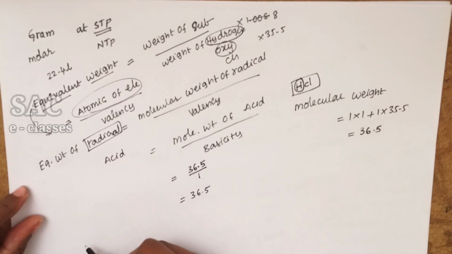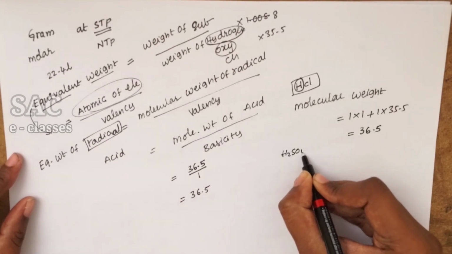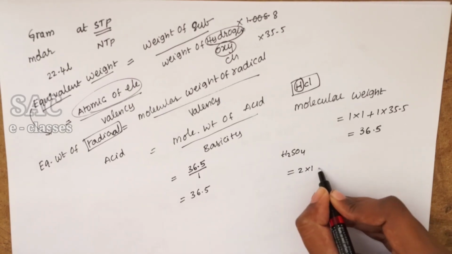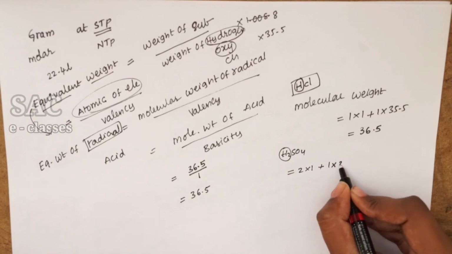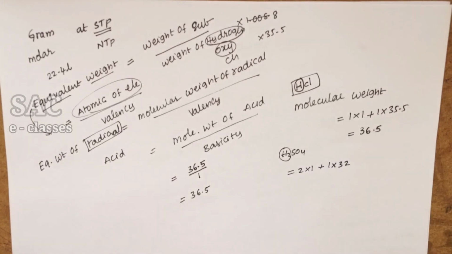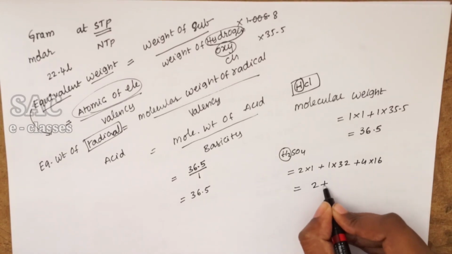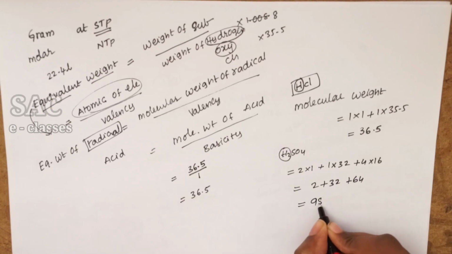Now the equivalent weight of H2SO4, let us think. What is the molecular weight of H2SO4? You know that 2 times 1 because 2 hydrogens are there. 1 sulfur is there, with atomic weight 32, and 4 into 16. 2 plus 32 plus 64 will give you a total of 98.